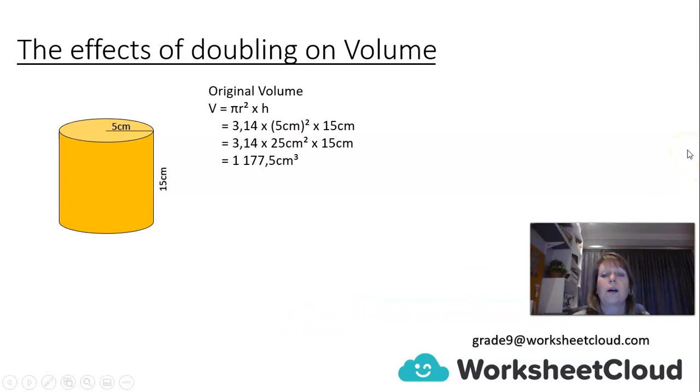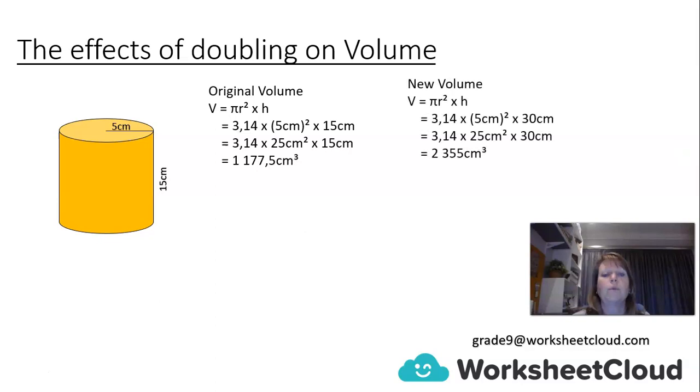Okay, so now we've got our original volume of 1,177,5 centimeters cubed, and we've got our new volume of 2,355 centimeters cubed. Let's compare them by working out the ratio, and I'm sure you can predict what this ratio is going to be.